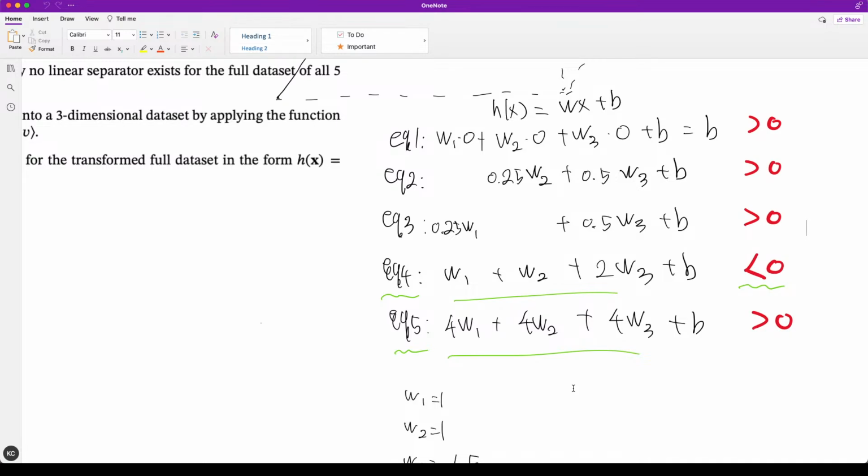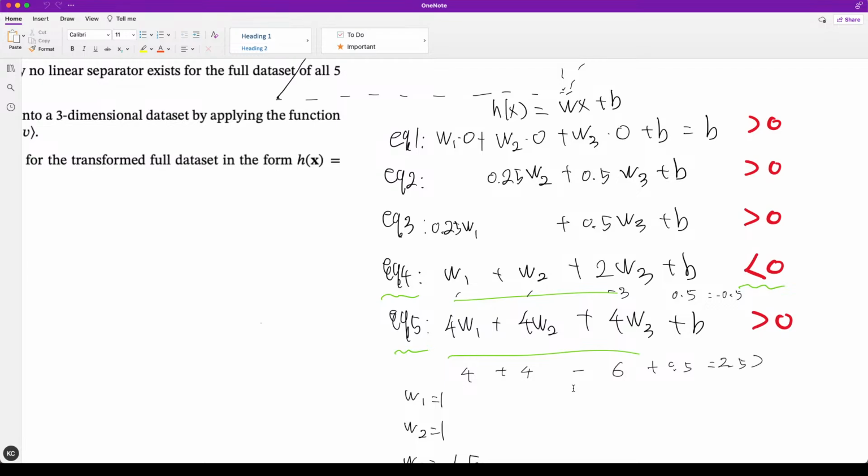W1 is 1, W2 is 1, W3 is minus 1.5, so minus 3, and B is 0.5, so it is negative, right? 2 minus 3 is minus 1, and minus 1 plus 0.5 is minus 0.5. So equation 4 is satisfied. And equation 5 is 4 plus 4 minus 6 plus 0.5, is 2 plus 0.5, is 2.5.